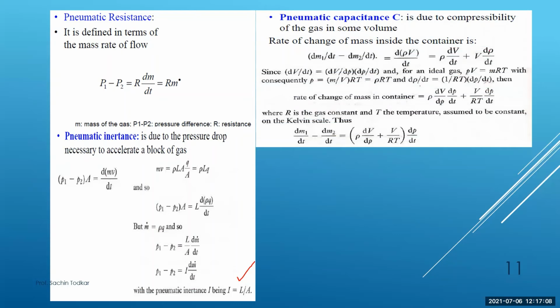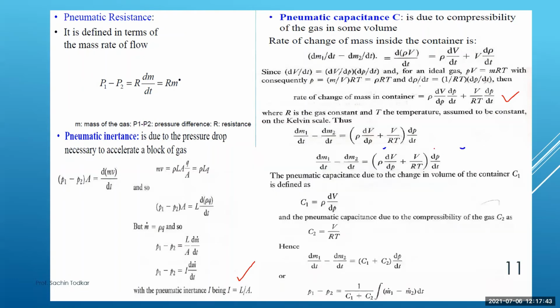Due to that, there will be a change in volume with respect to time as well as a change in density with respect to time. These two terms come into the picture, and that's why the rate of change of mass in the container will be written as rho into dV by dP and dP by dt. So this is a partial derivative, V upon RT into dP by dt, and this is the simplification of that particular capacitance.